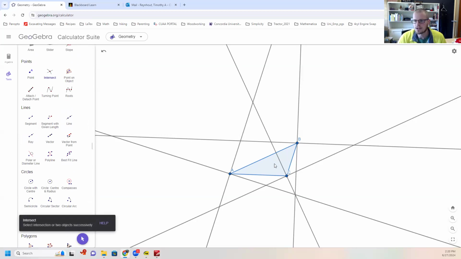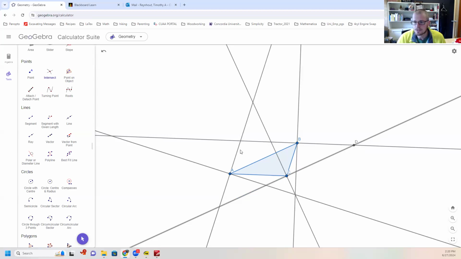So the parallel through C, right, parallel to this side, that line, and the parallel to this through B, boom, that gives me intersection point D. All right, so I did these two, and now let's do this one and did this one.